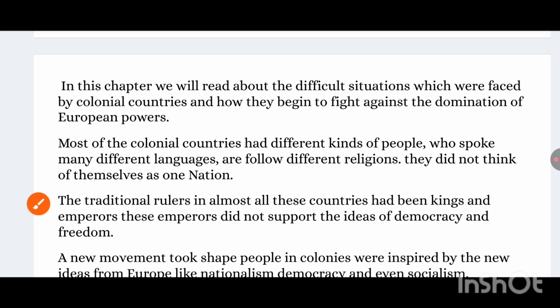In one country, many people spoke different languages and followed different religions. They did not think of themselves as belonging to one nation.